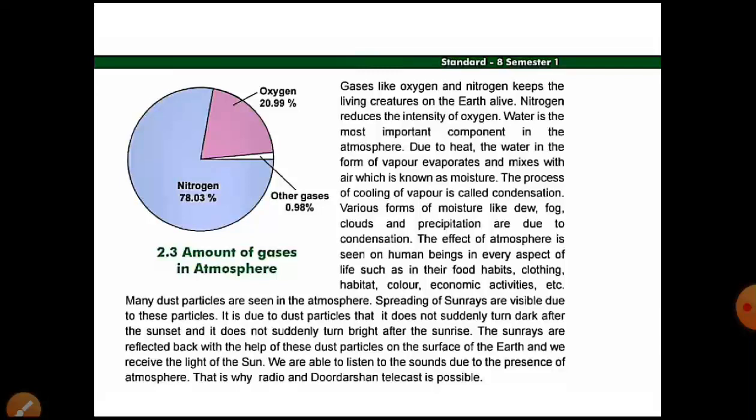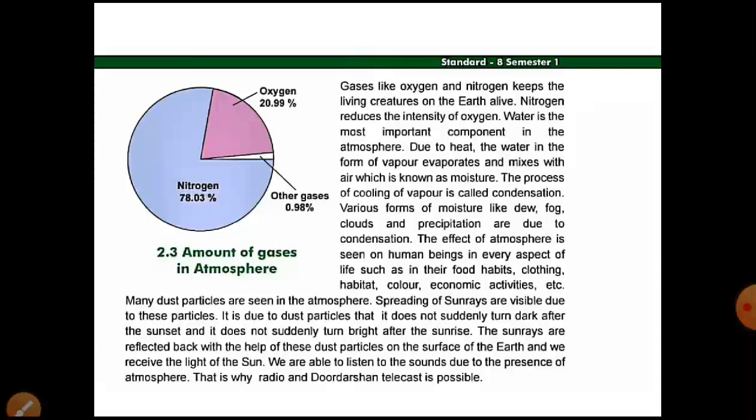Water is the most important component in the atmosphere. We all know that water is the most important. Due to heat, the water in the form of water vapor evaporates and mixes with air, which is known as moisture. Due to the high temperature, the water from water bodies evaporates in the form of vapor and mixes with the air.